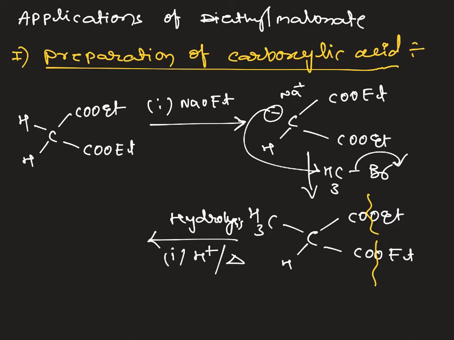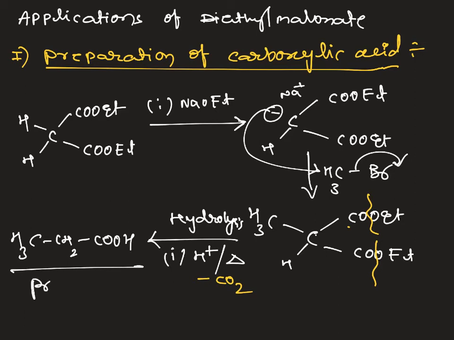After forming the carboxylic acid, the two COOH groups are attached to the same carbon, and this dicarboxylic acid is unstable in acidic medium and immediately undergoes elimination of one of the COOH groups as CO2, which forms CH3CH2COOH, propanoic acid.